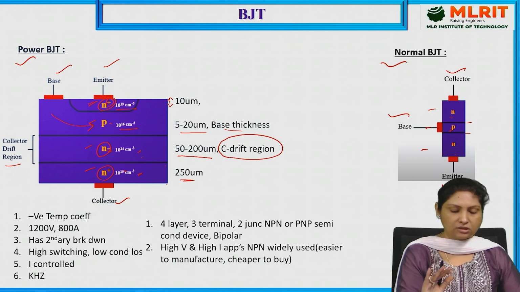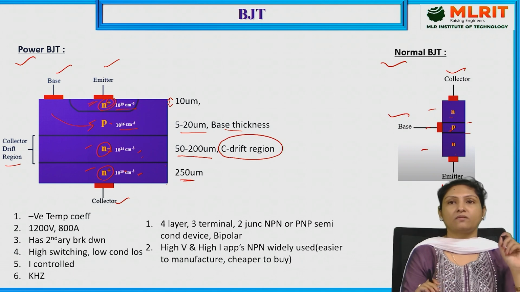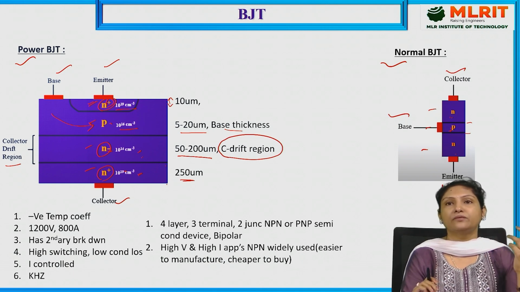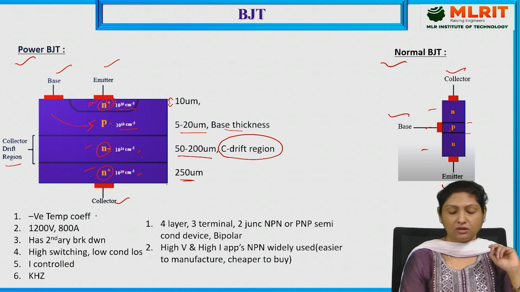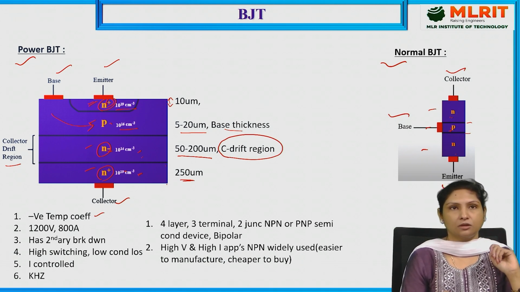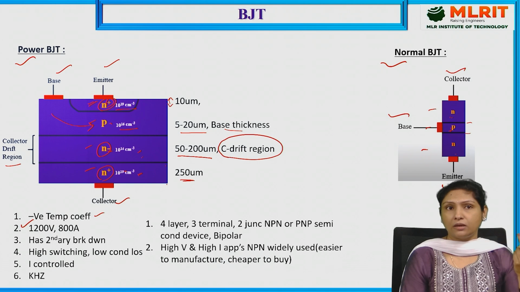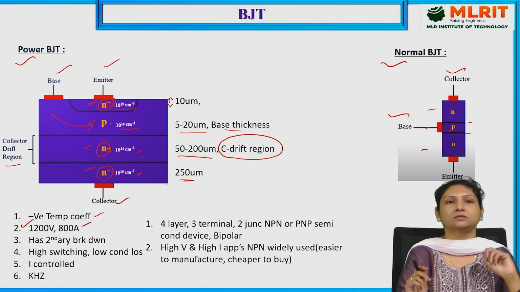So this is the structure of the power BJT, and this power BJT has a negative temperature coefficient. Talking about the voltage and current ratings of this BJT, it will be operating at up to 1200 volts, with a current rating of 800 amperes.